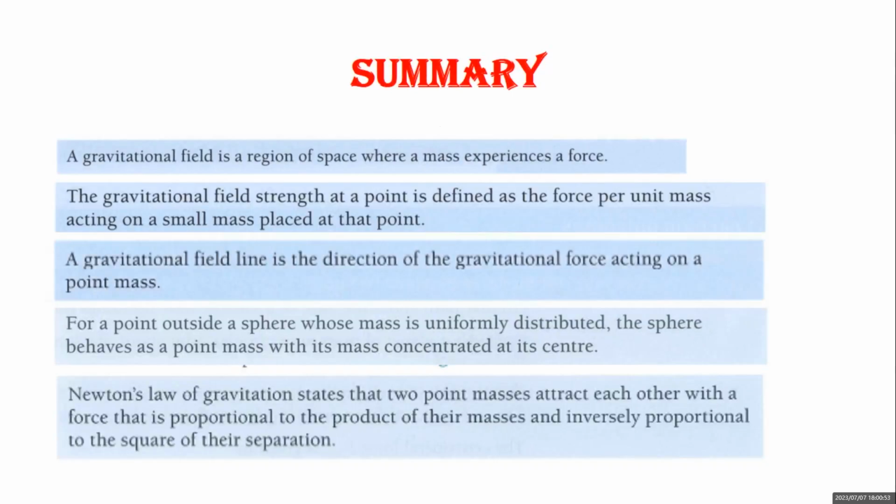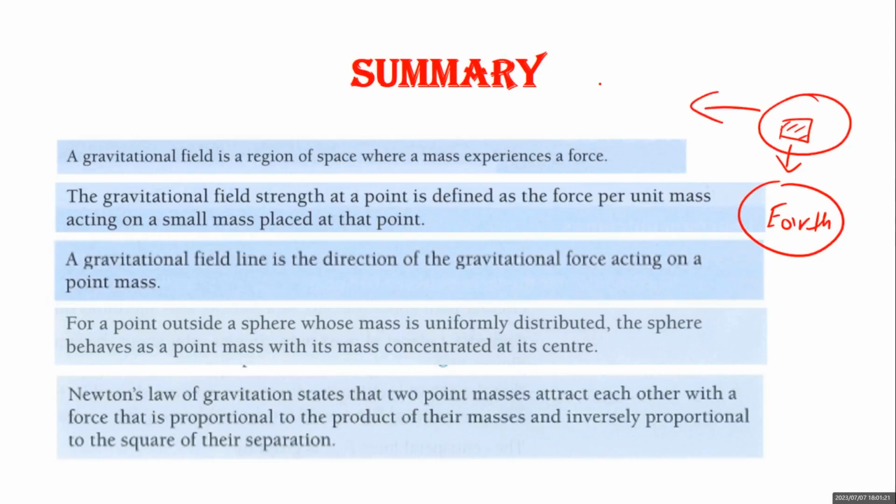The gravitational field strength at a point is defined as force per unit mass acting on a small mass placed at that point. So we have discussed that if there is the earth and we are placing some object near the surface of the earth, there must be a gravitational field strength acting on this object, and that gravitational field strength will be given by the formula force per unit mass, that is, how much force is acting per unit mass of the object.